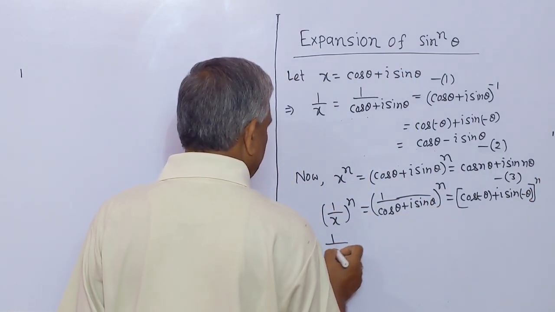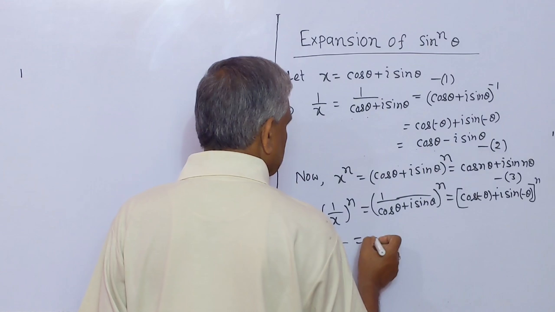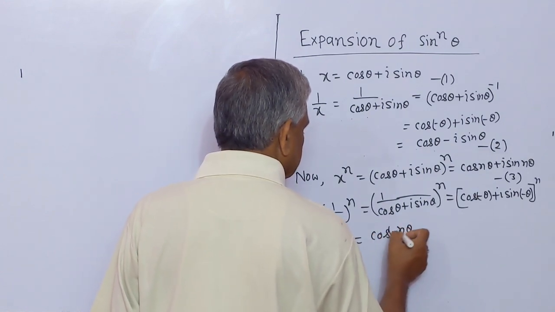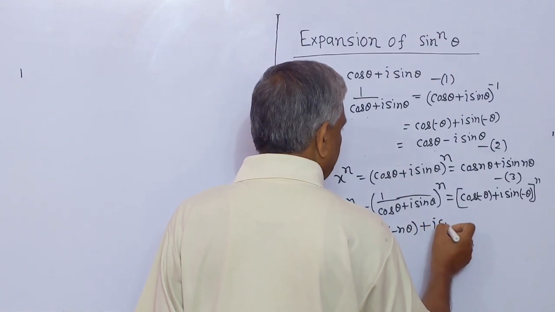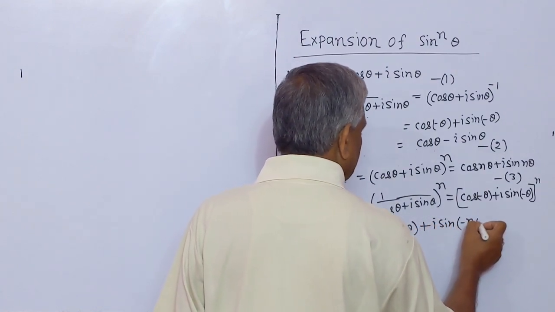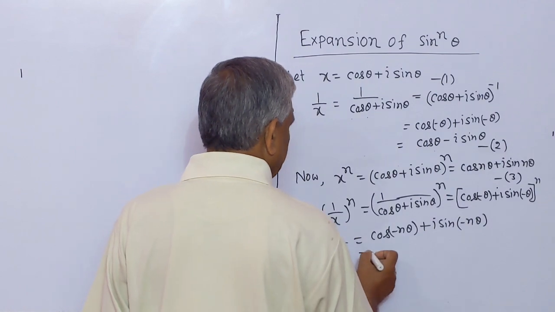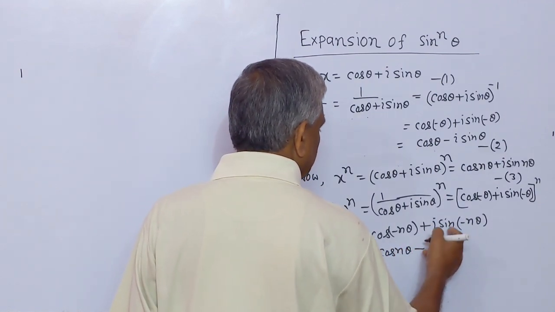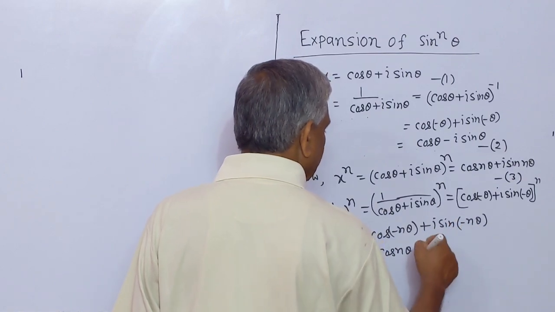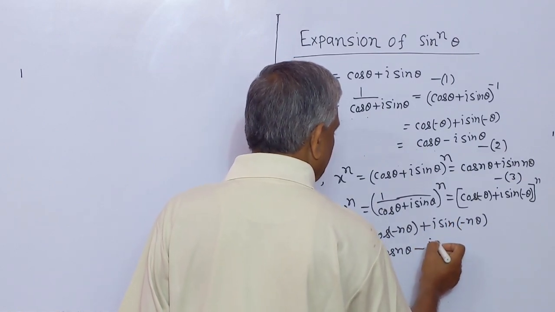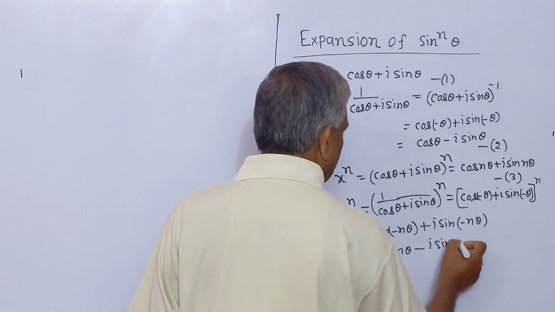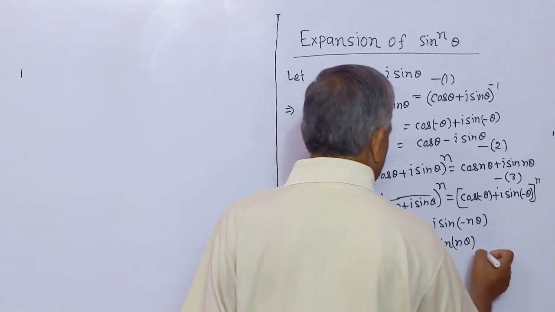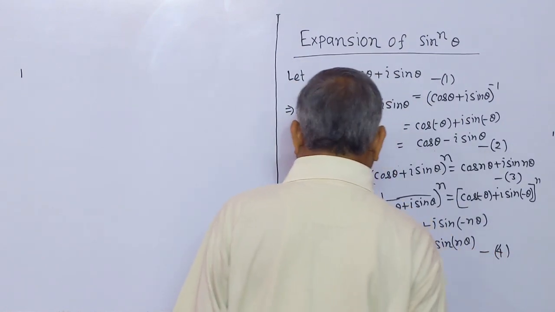Implies that 1 by x to the power n equal to cos minus n theta plus i sin minus n theta, and this is equal to cos n theta, sin minus theta means minus sin theta. This is equal to cos n theta minus i sin n theta. Let this be number 4.